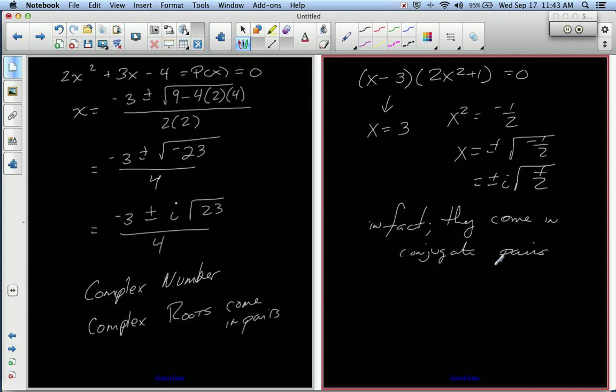All right, a conjugate pair means you have one plus and one minus, 3 plus i and 3 minus i. Okay, the same is true for irrational roots. They also come in conjugate pairs.